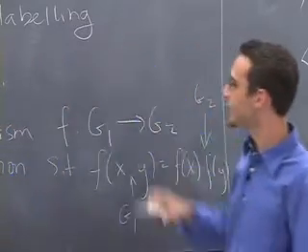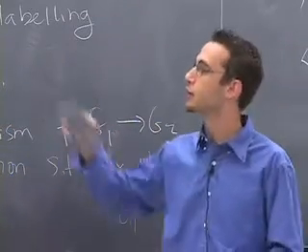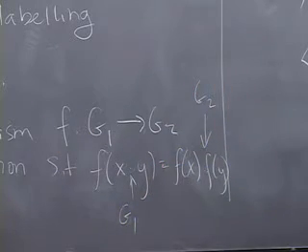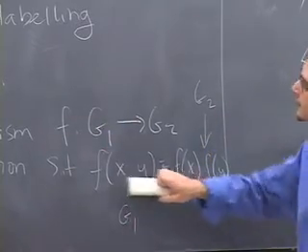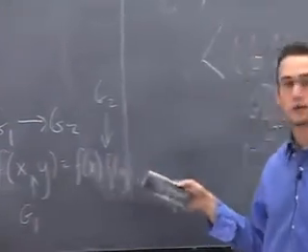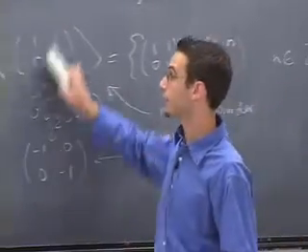So this is the same sort of idea. f is what's telling you how to relabel the things, and the idea that the multiplication table is preserved is just saying that f of x times y is the same thing as f of x times f of y.